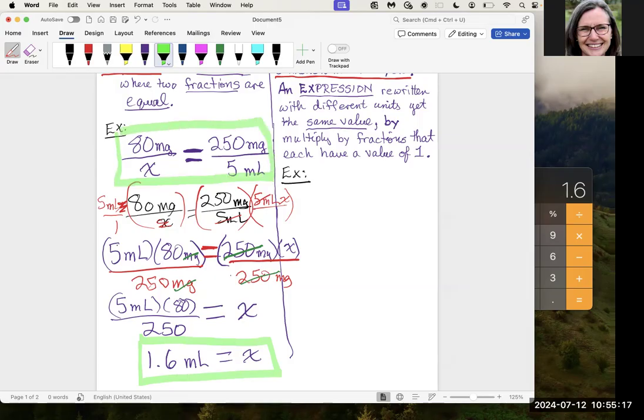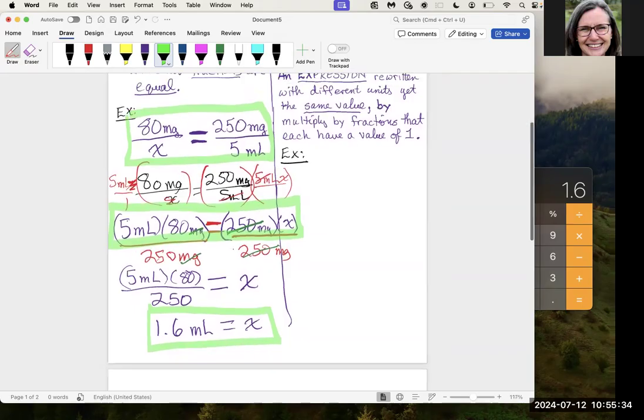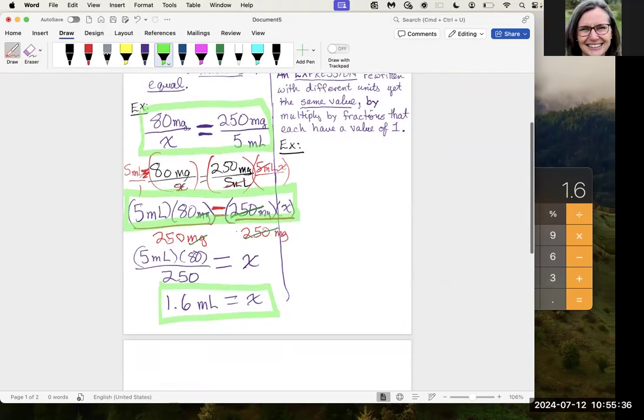If you notice, this 80 milligrams over x equal 250 milligrams over 5 milliliters looks a lot like this piece right here. This is where the cross multiplication comes in. We teach students how to cross multiply before they learn algebra. It's a shortcut. It's a trick.